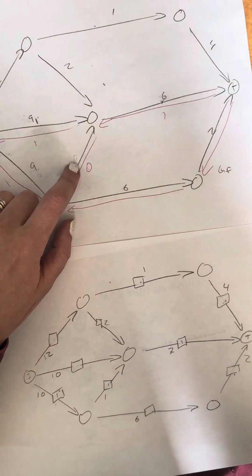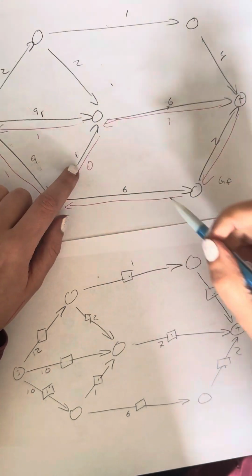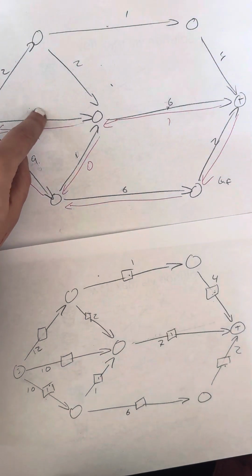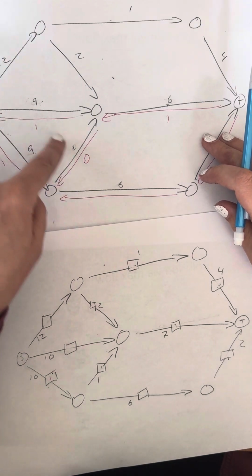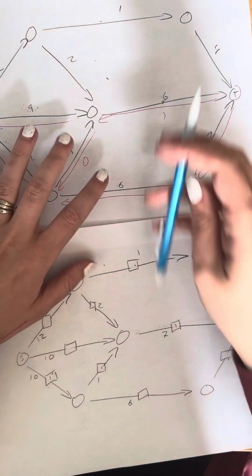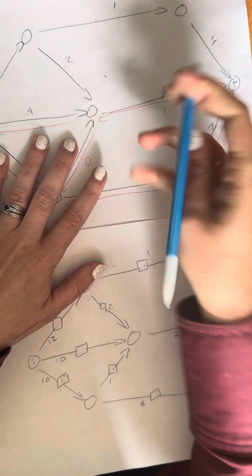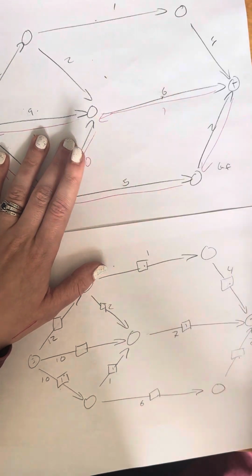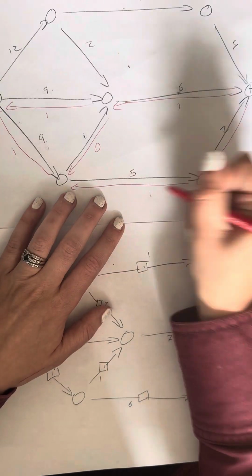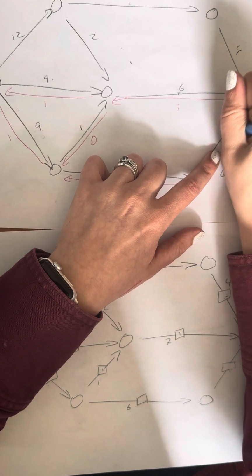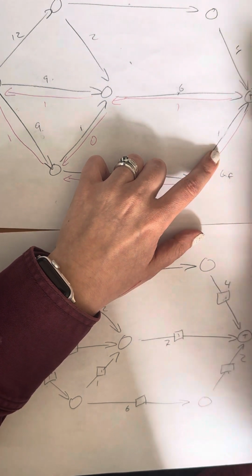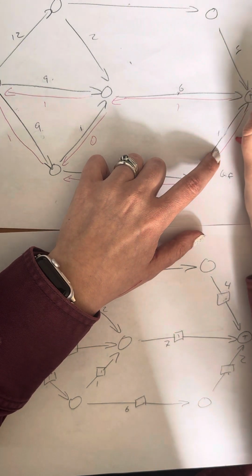So really, I guess the simpler way to think about it is that you take whatever color number you have and you move it between black and red. So if this is 6 here, that becomes 5, and this one becomes 1 here, and this one becomes 1, and this one over here becomes 1.